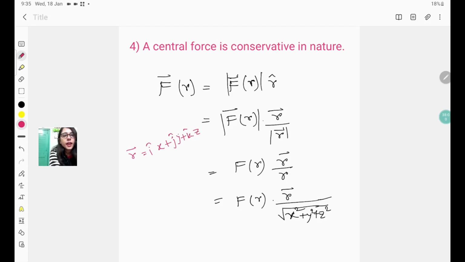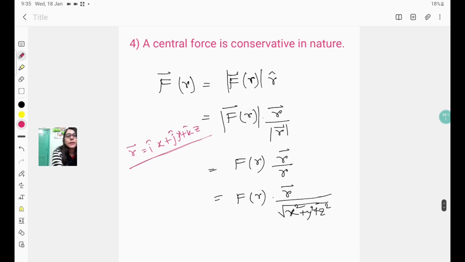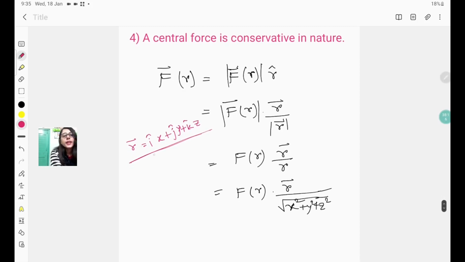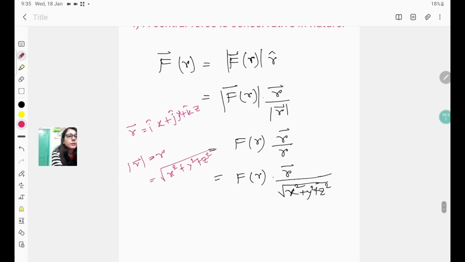The r vector, or the distance vector or the position vector, is always written in this form in the Cartesian coordinate system, where i cap, j cap, k cap are the unit vectors along the x axis, y axis and z axis respectively. Okay, so from here the mod of r, or r, is equal to root over of x square plus y square plus z square.